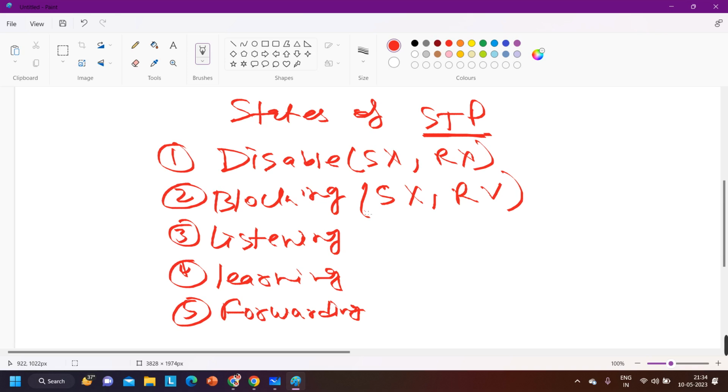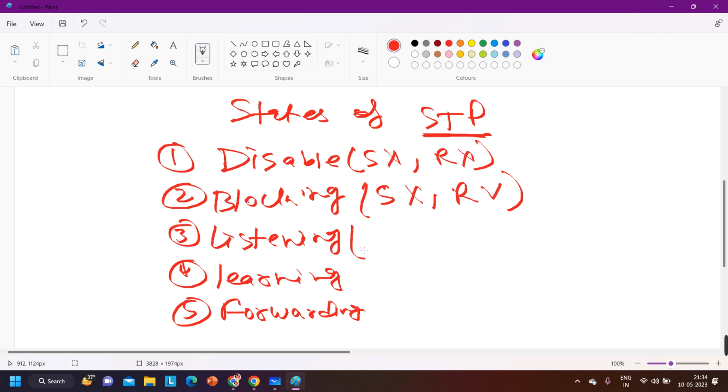On a blocking port they are receiving BPDU, but not transmitting, because only the DP port transmits BPDU. The RP port is also not going to transmit any BPDU. So from a blocking port we can receive the BPDU, but we cannot send it.